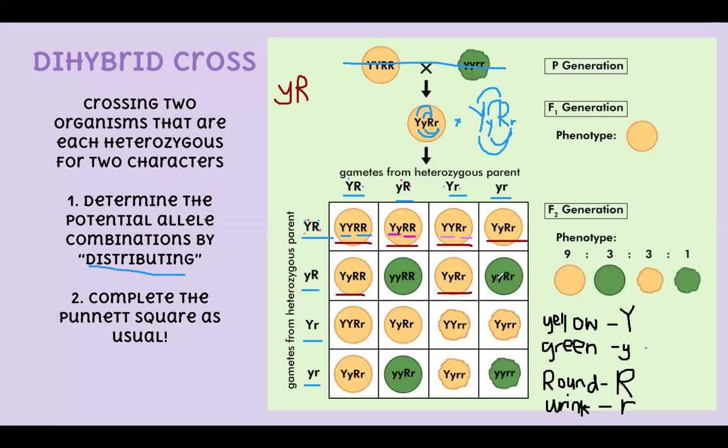Yes to this one, yes to this one. No, no, yes, no, no, no. And if I went through and counted, that's 1, 2, 3, 4, 5, 6, 7, 8, 9 yellow round peas, which is what this says right here too.